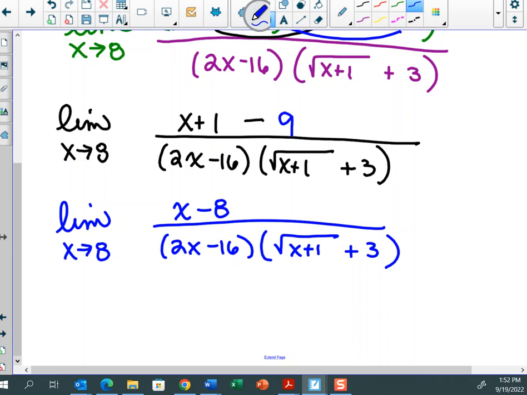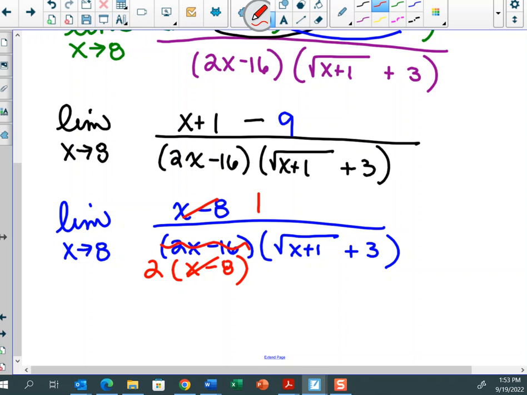But if you think about this little guy right here, if I change him into 2 times x minus 8, which would be a perfectly legal change, then I'll get a common factor to go away. And that's what has to happen for this conjugate method to work.